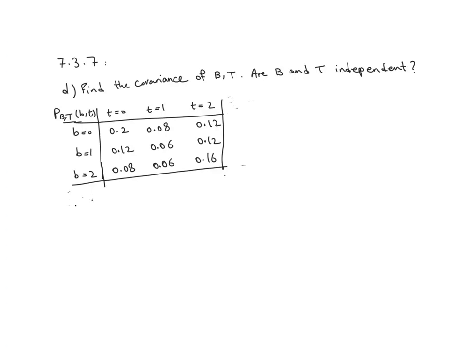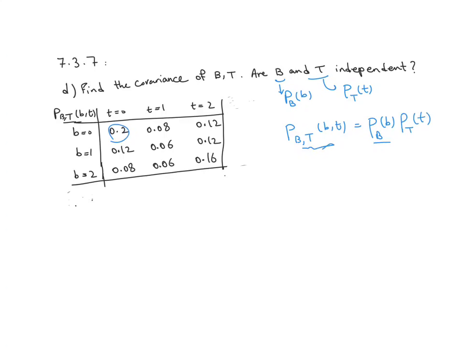At first, we have these tables from the previous section, part C, and when we want to check whether they are independent or not, we need to calculate the probability of B and the probability of T, and then check whether they follow this formula.